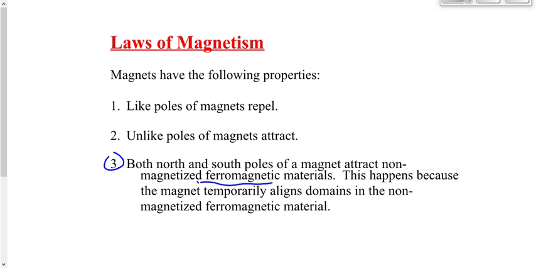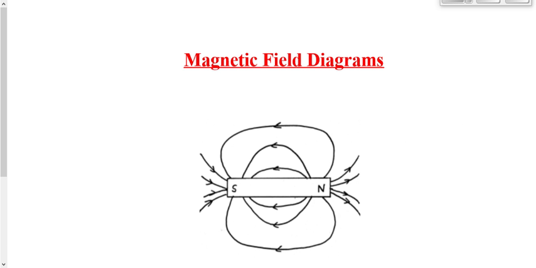All right, you guys have this written down from Thursday. You did an activity on Thursday that would have led you to the following magnetic field diagrams. We've got a north pole and a south pole, and we've got a magnetic field going from north to south around like this.